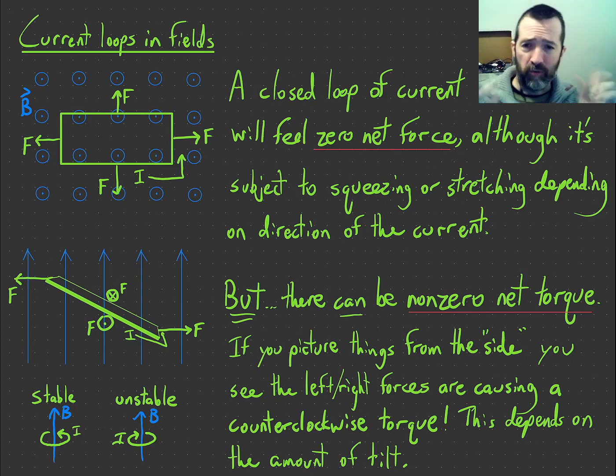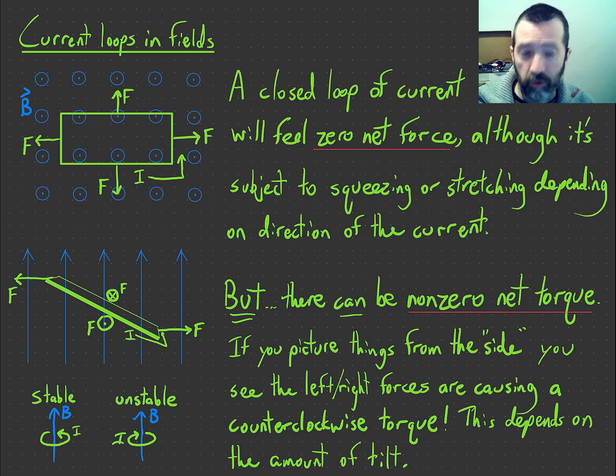In the example that I've drawn, there is a tendency to stretch out the wire. So if the wire is made of something soft, like if it's a very malleable or ductile metal, then it could be that it's going to get stretched out, but not necessarily. It depends on how strong the forces are.